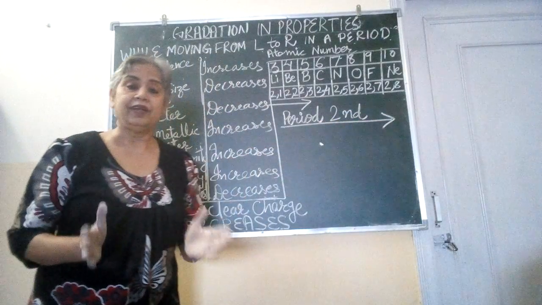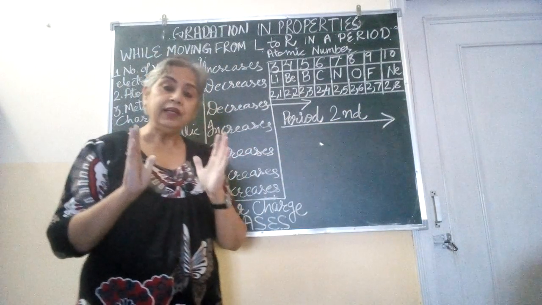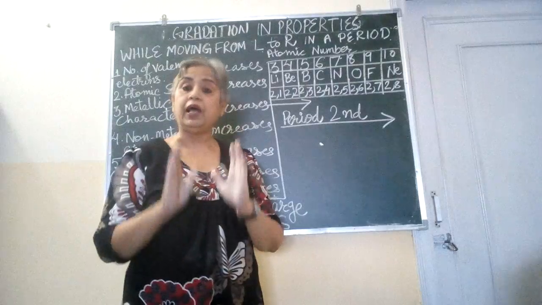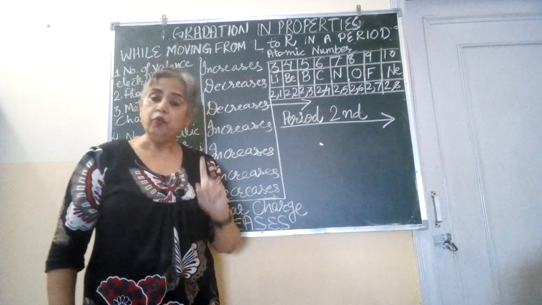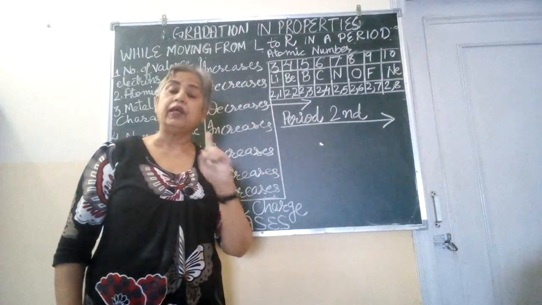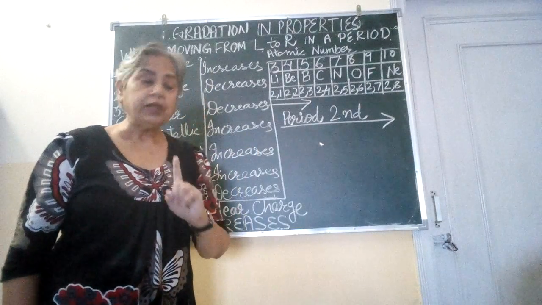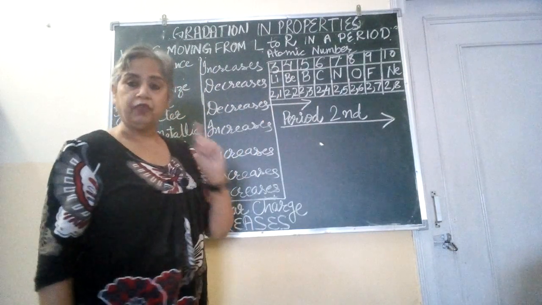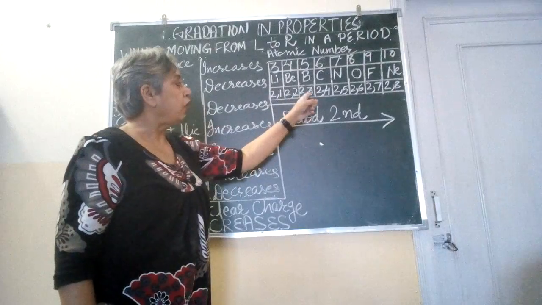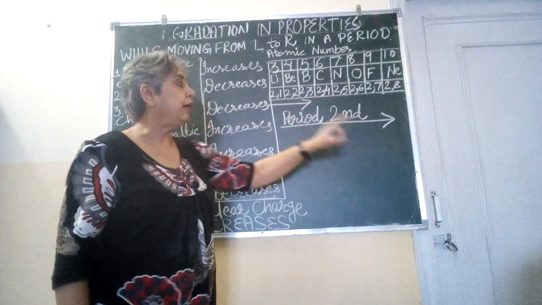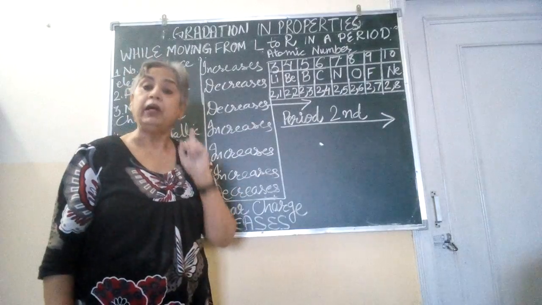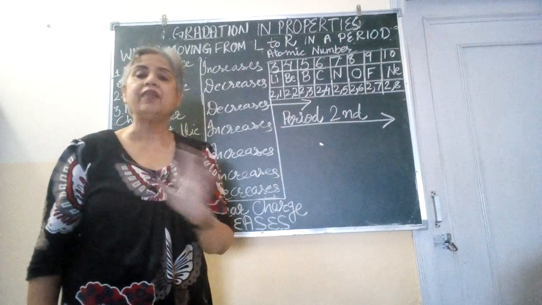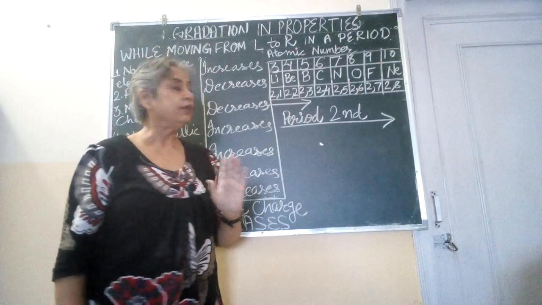Now here is something very interesting to note down and understand. Although while moving from left to right in a period atomic number is increasing by 1, and a new electron is being added from lithium to beryllium, then beryllium to boron, no new shells are being added, right?